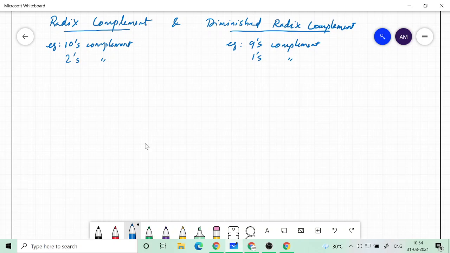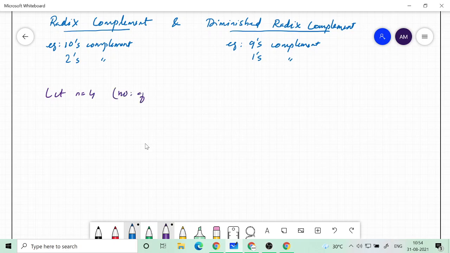Okay, so let's look at what this 1's complement and 2's complement are. The idea is exactly the same. If you have understood 9's complement and 10's complement, we can extend the same idea. For example, we have a 4-bit number, so let's take the case of n equal to 4. Let the number of binary digits be equal to 4.